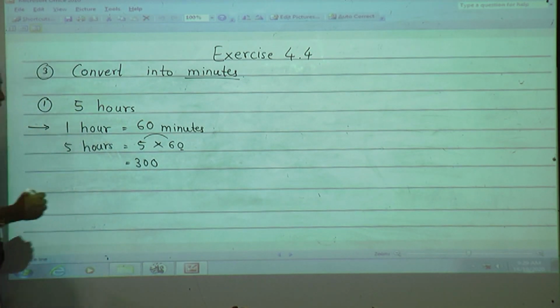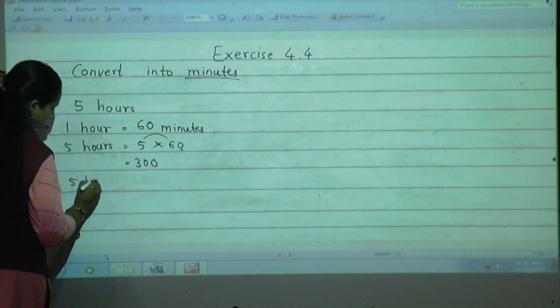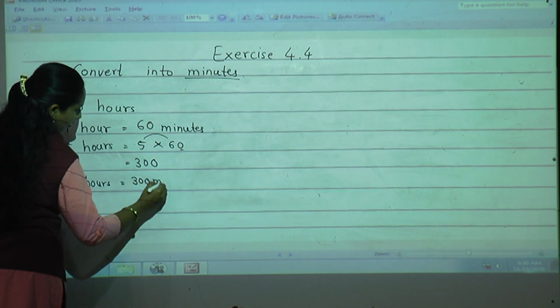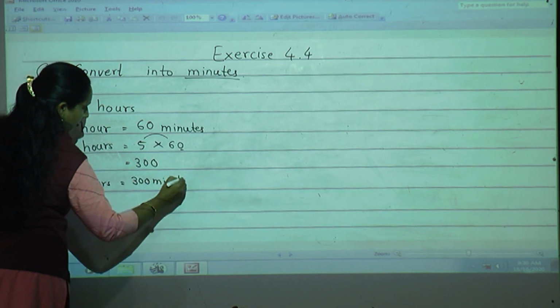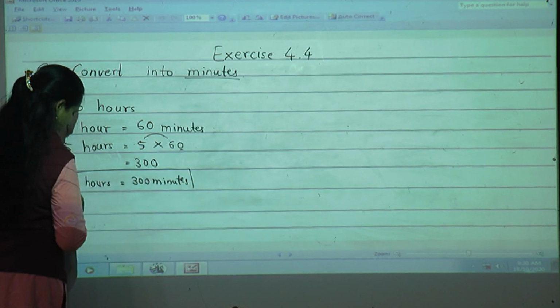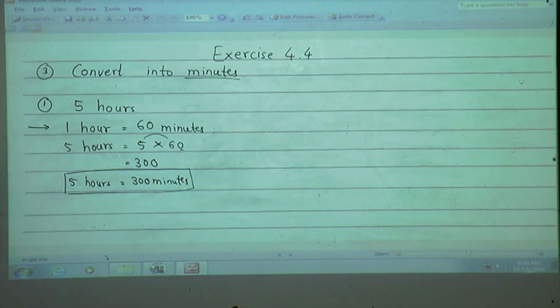So this is 300 minutes. So write once again here properly: 5 hours is equal to 300 minutes. And make one box with pencil. See, in maths your presentation is very important.